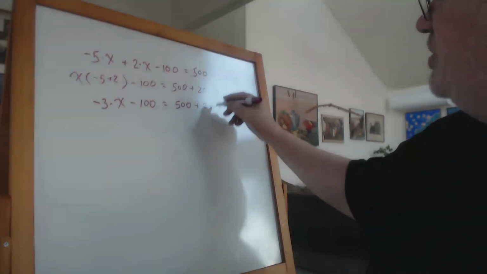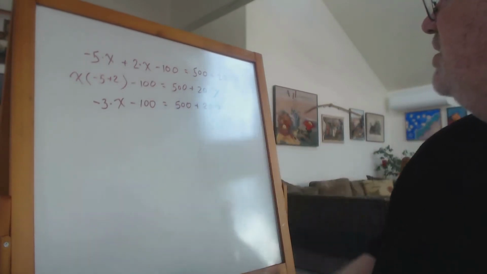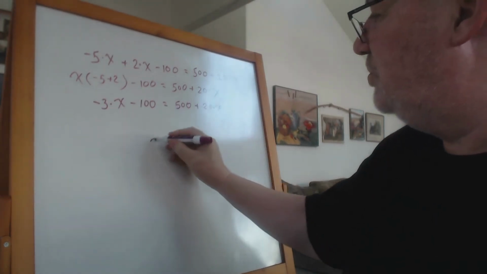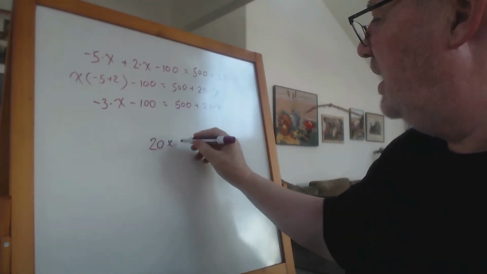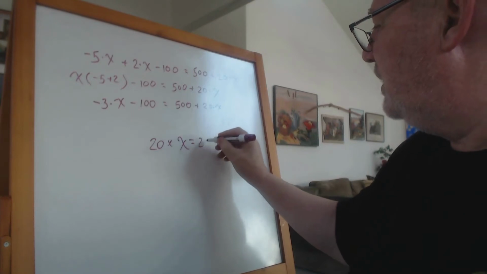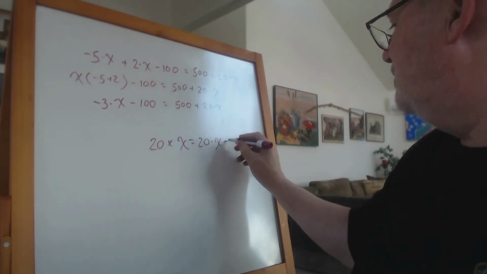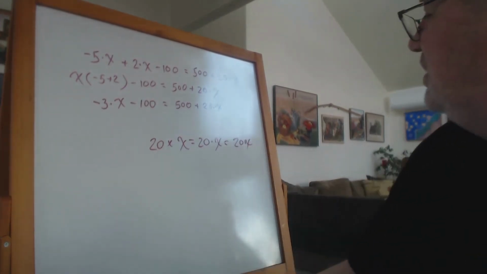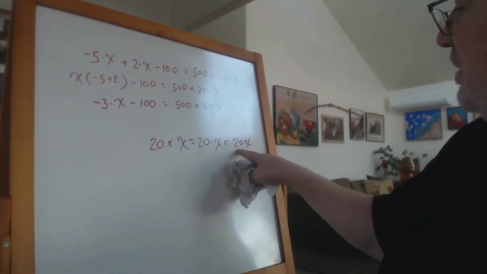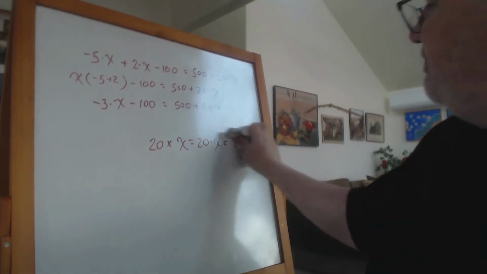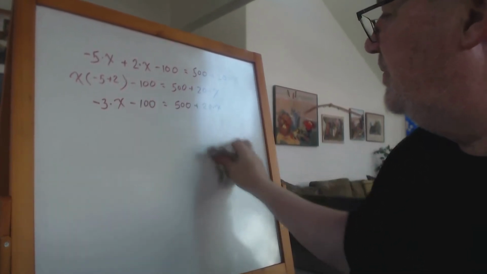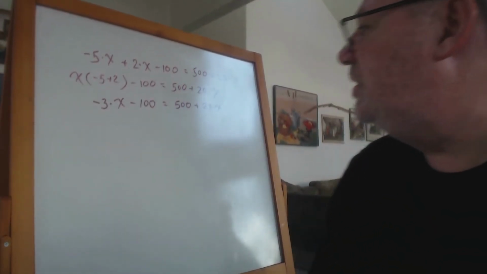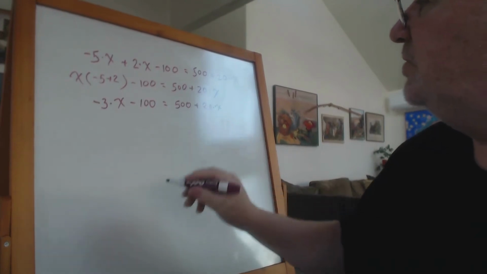Usually we just drop the multiplication sign, that dot, and just write, let's say, 20 times x is equal to 20 dot x is equal to 20x. It's just a shorthand. We know that that means 20 times x. We don't have to write it out. I'm writing it out just for the ability to follow's sake.